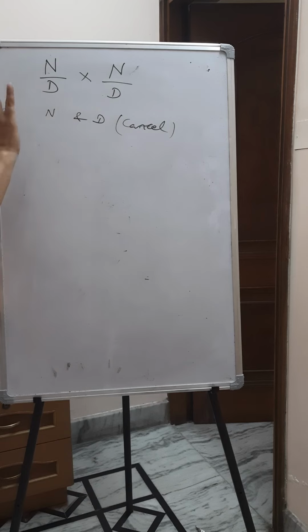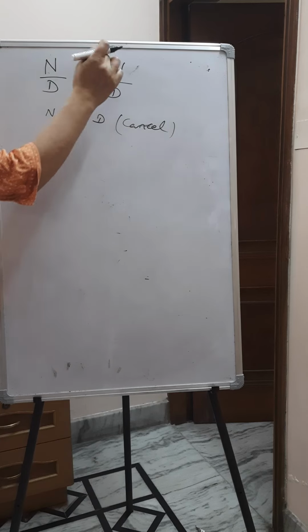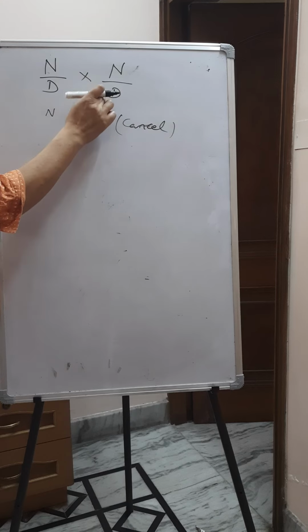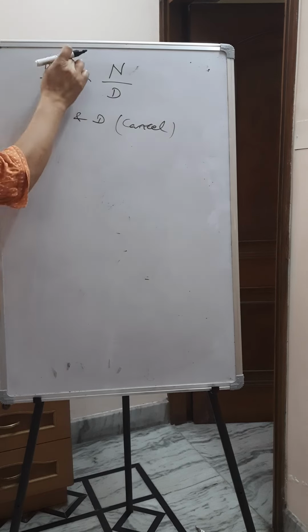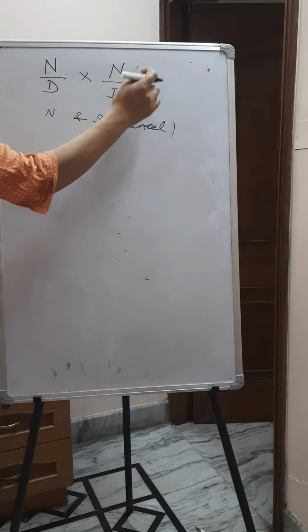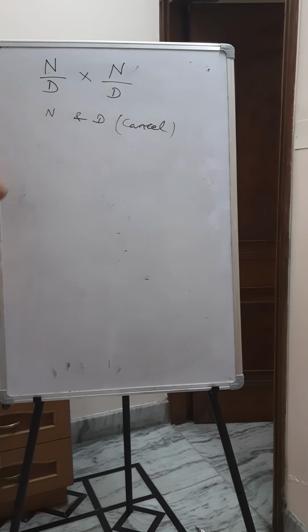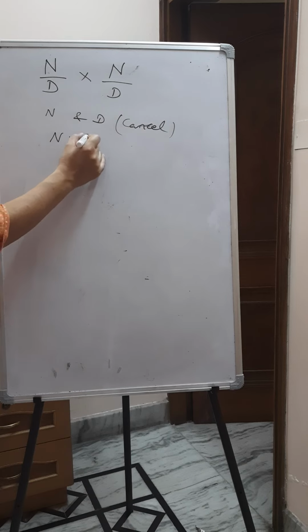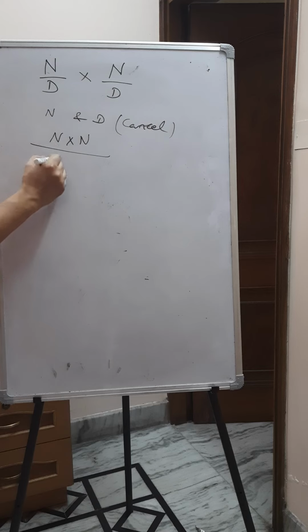Then after cancelling, you see there is nothing common between any numerator and any denominator. In the last step, multiply numerator to numerator and denominator to denominator.